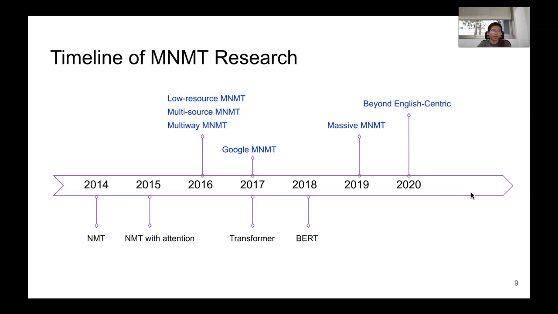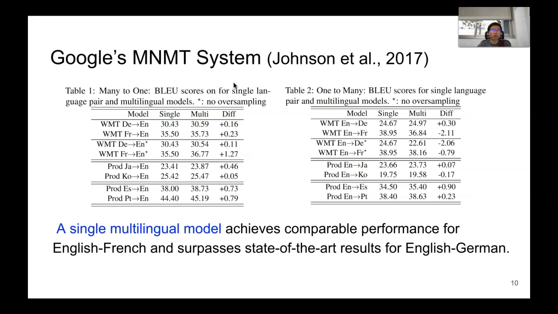So next, I will take a very brief look at what this progress looks like. First is Google's MLMT system published in 2017. In their system, they show that a single multilingual model can achieve comparable performance for English-French, and even better performance than a bilingual model for the English-German language pair on the WMT benchmark.